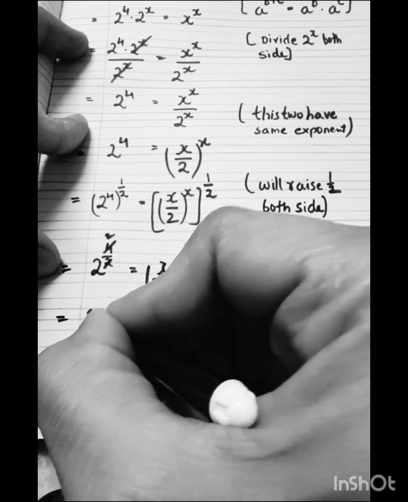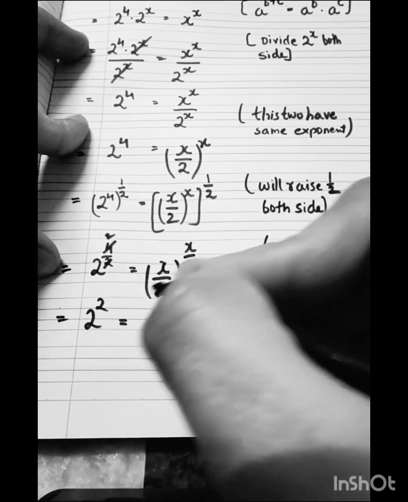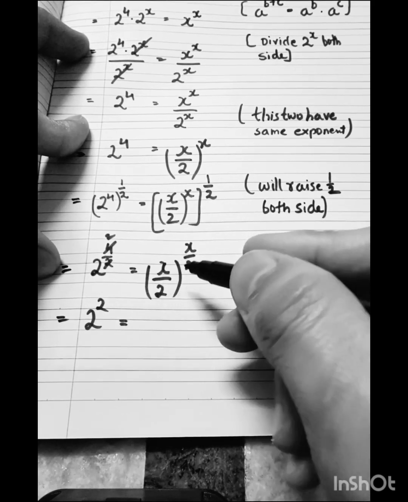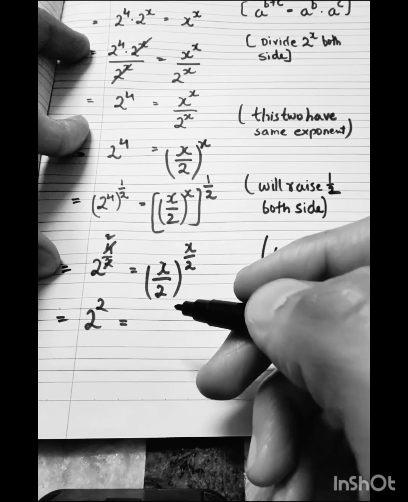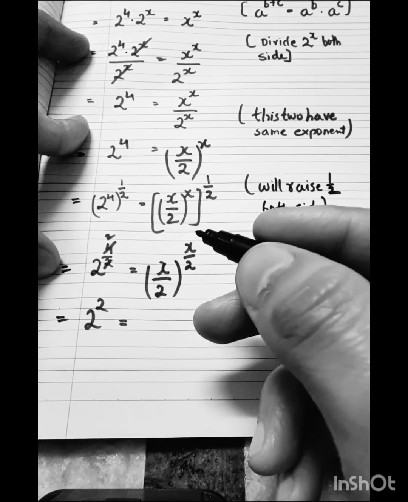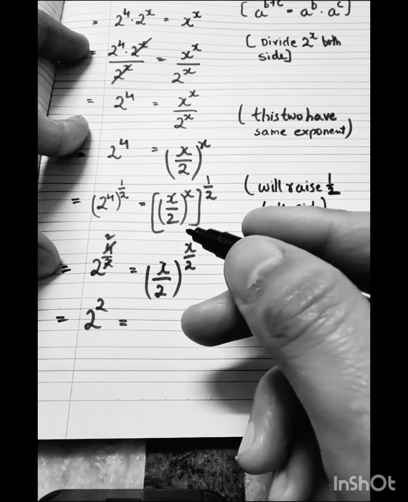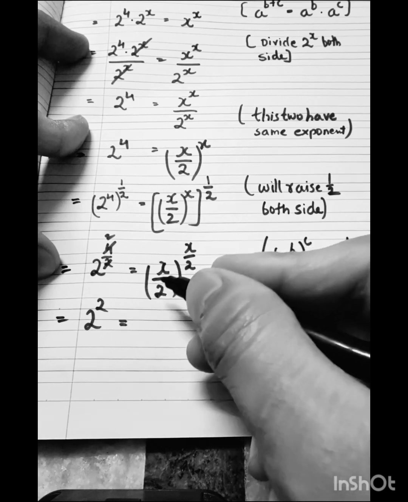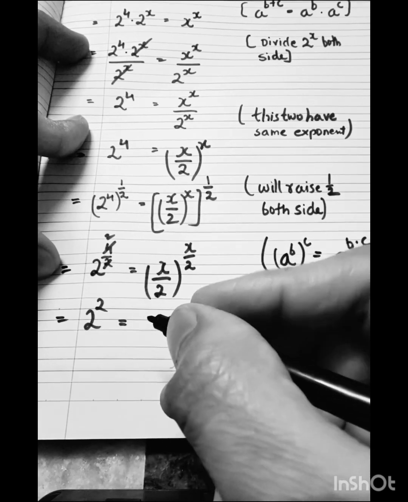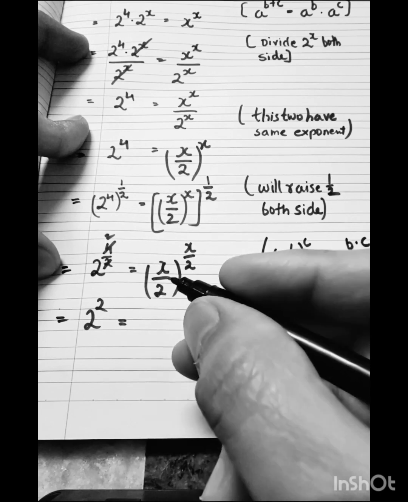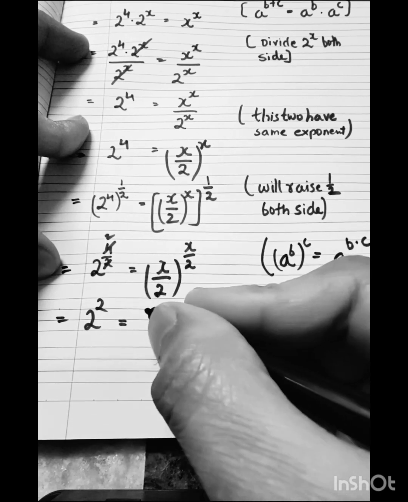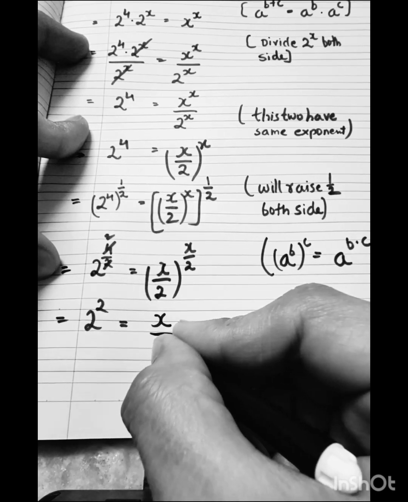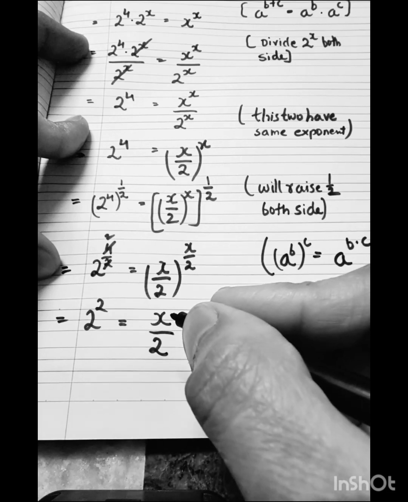So 2 to the power of 2 equals... Both sides have the same base, so we can equate power to power or base to base. So we will now get x by 2.